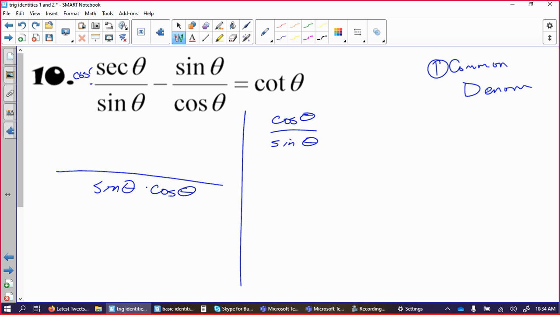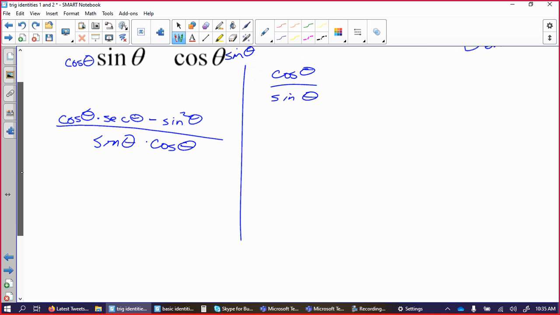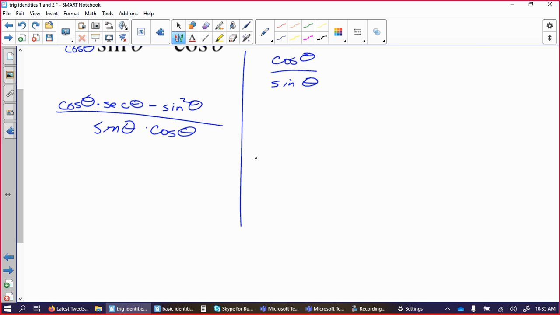So this one I'm going to multiply by cos of theta over cos of theta, so I have cos of theta times secant theta. This one I need to multiply by sine of theta over sine of theta, minus sine squared. So that is our first step.